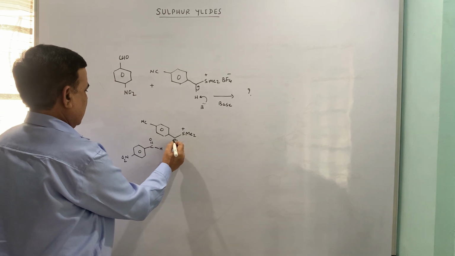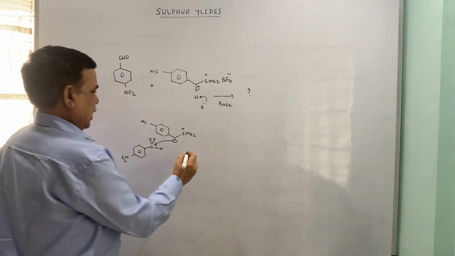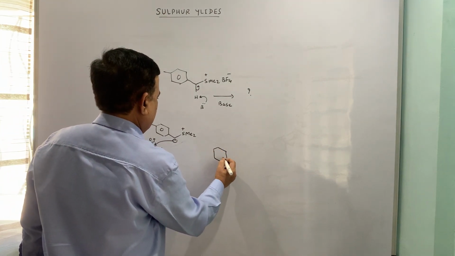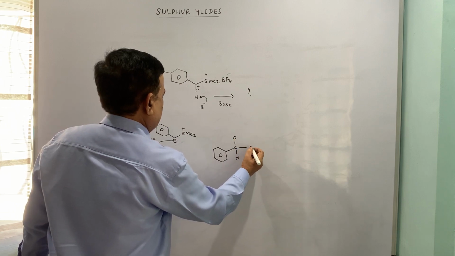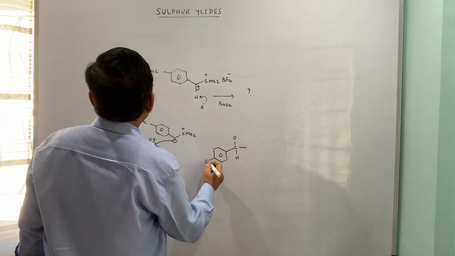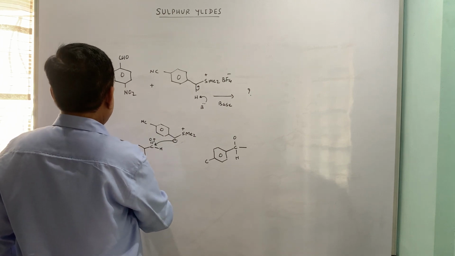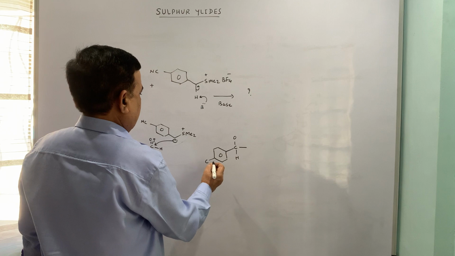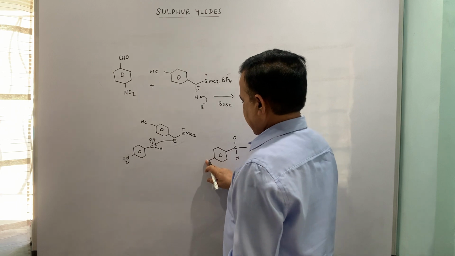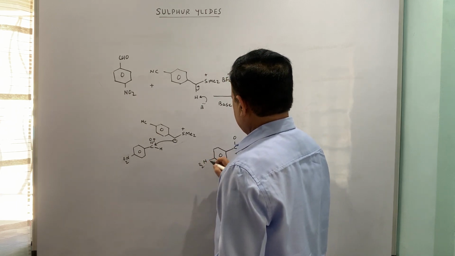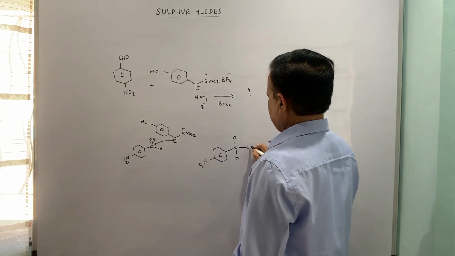Now this will interact here, you get O minus, and the intermediate will look like this, CHO. There is a bond, this is NO2 of the aldehyde. Now you can see that there is a carbon-carbon sigma bond, so I am just putting the carbon here.